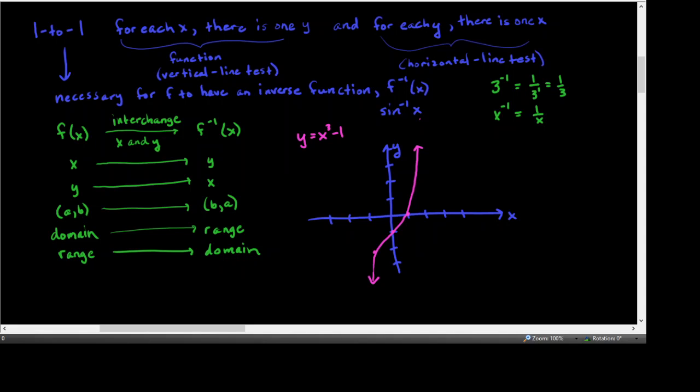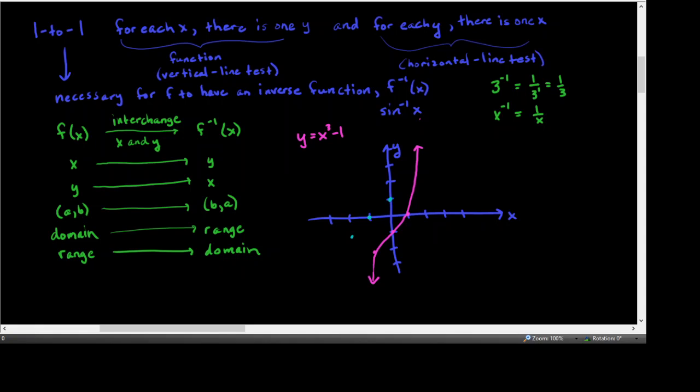Now, if we were to graph its inverse, we would switch all ordered pairs. So 1, 0 would go to 0, 1. And 0, negative 1 would go to negative 1, 0. And negative 1, negative 2 would go to negative 2, negative 1.